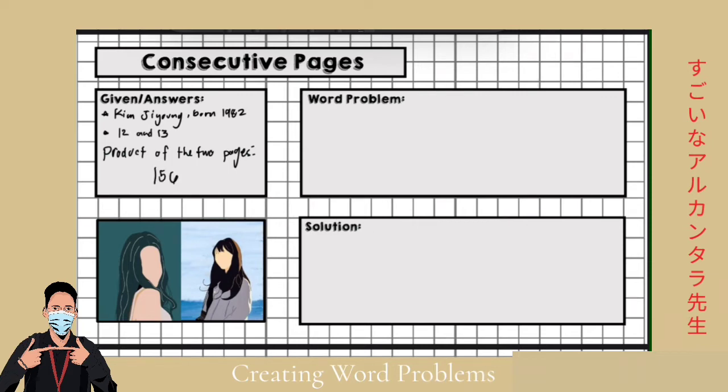So from here, we can now create a word problem. Let's say that Irene is making Joy guess her favorite consecutive pages in the book Kim Ji-young, born 1982.